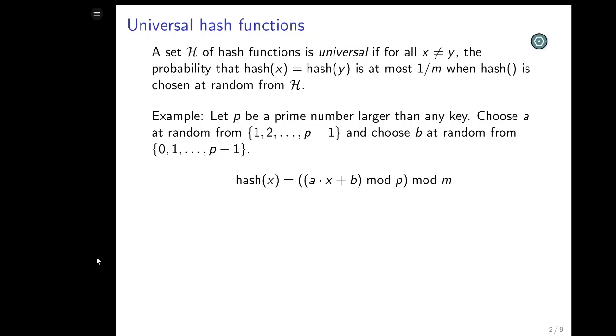The property is that if I pick a function from that set at random, the probability that two different keys collide is 1 over m, the best possible. Do you know of a set of functions that has that property? You do. 2k plus 7.